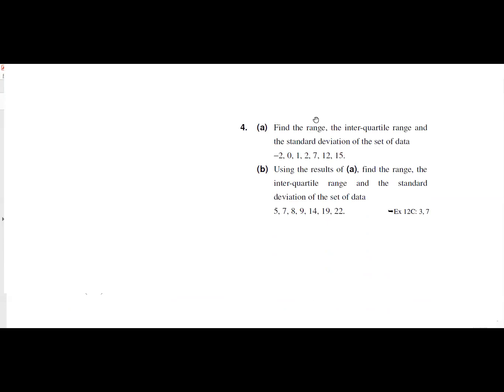You may also try to do question number 5 and number 6. Sometimes there will be more than one change. So you can multiply a number to each of the datum, and then you add another number to each of the datum. Just do a two-stage changing.